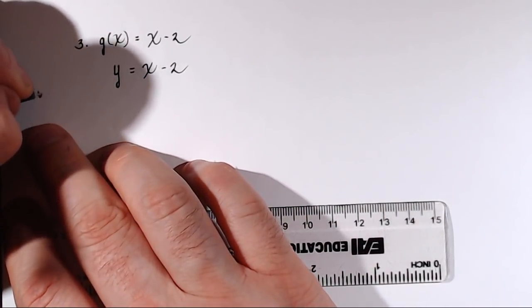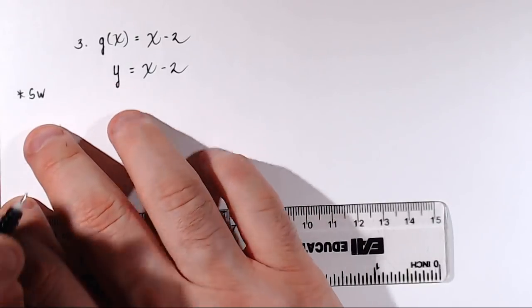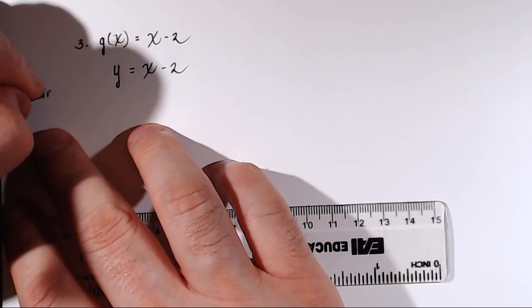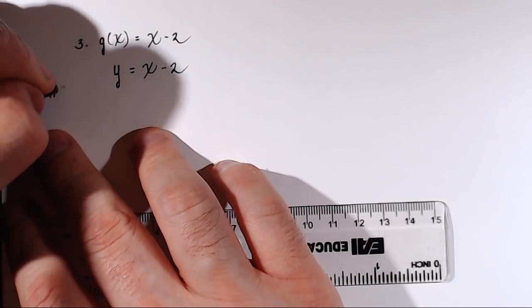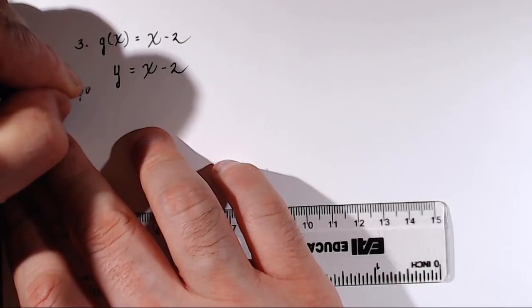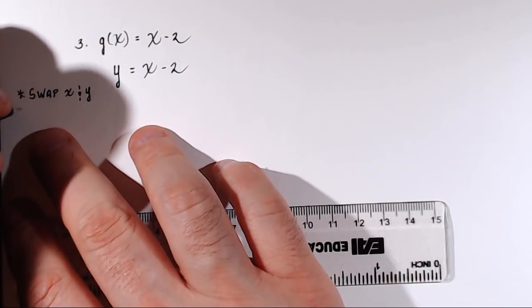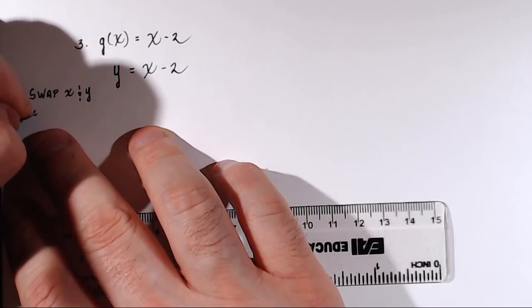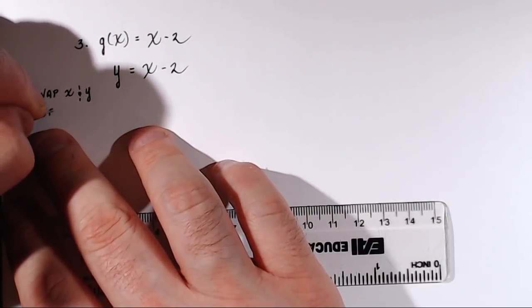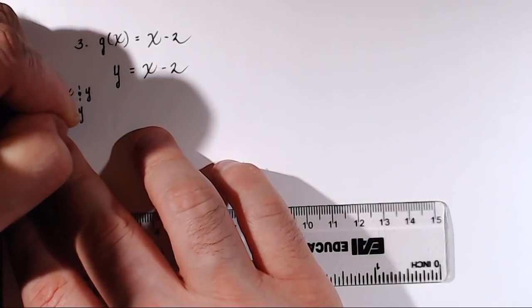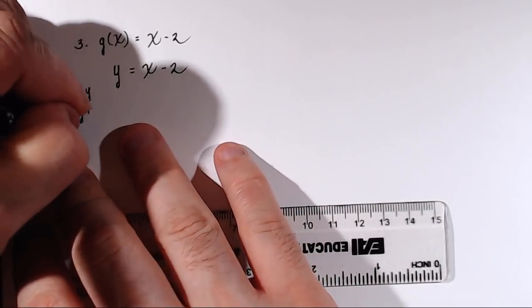So what do I do once I drop the g of x and write y equals x minus 2? I swap x and y, and then I solve for y. This is the thing you've got to remember.